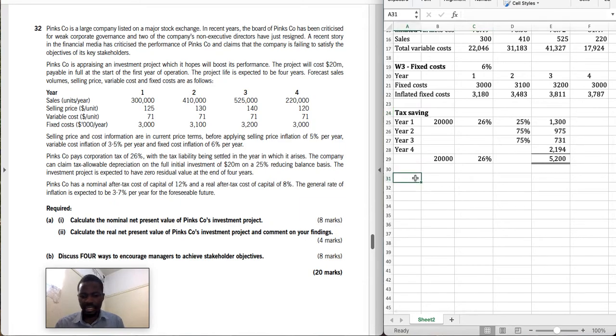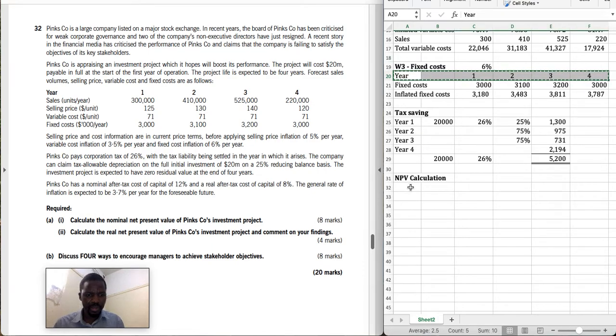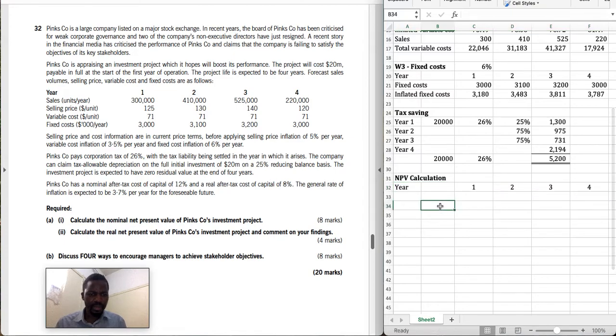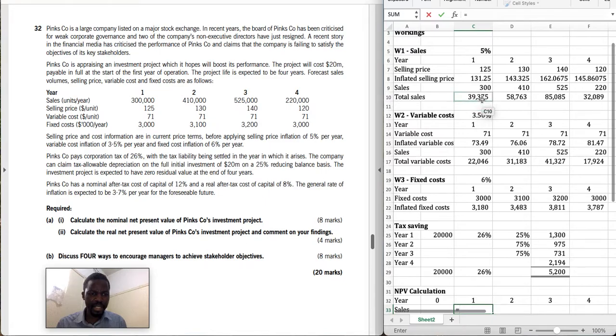Now we say NPV calculation. We still have got our years. Year 0, 1, 2, 3, 4. Then we have our sales. We'll take our sales from our working for sales.